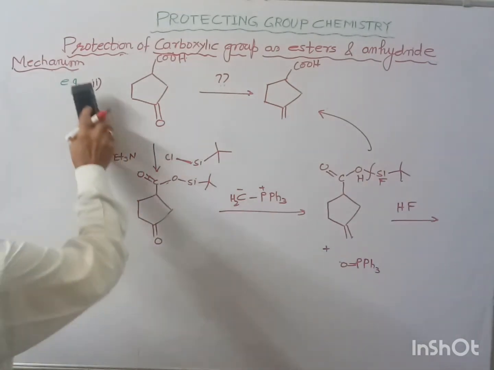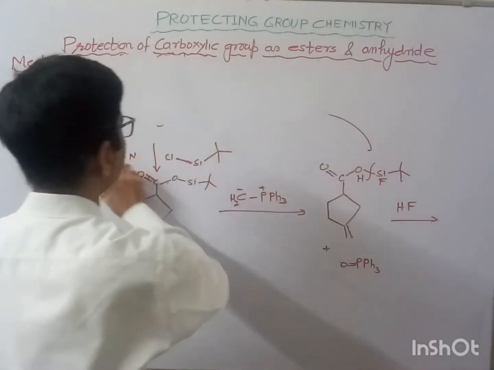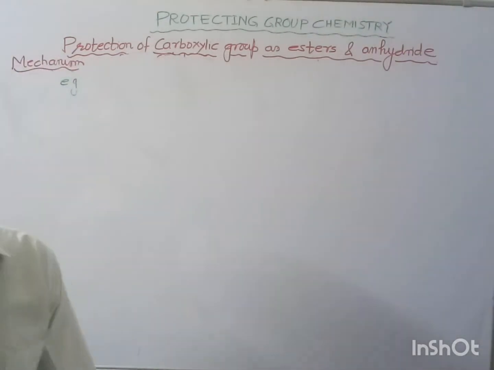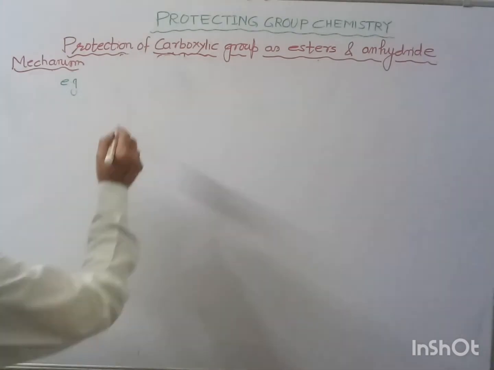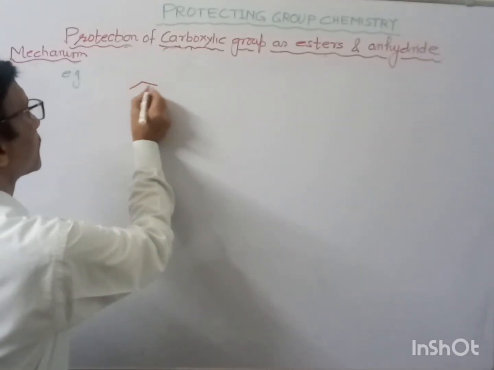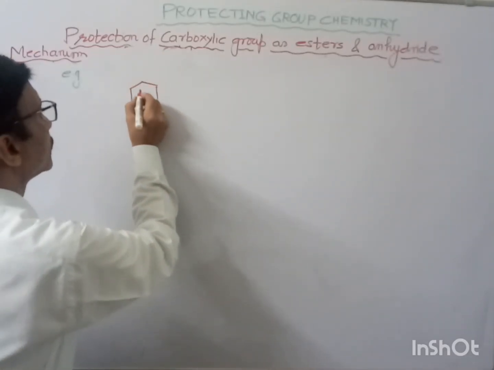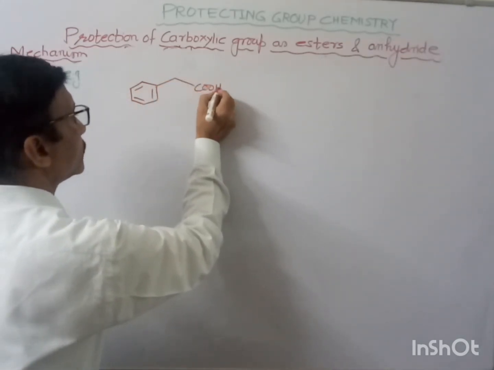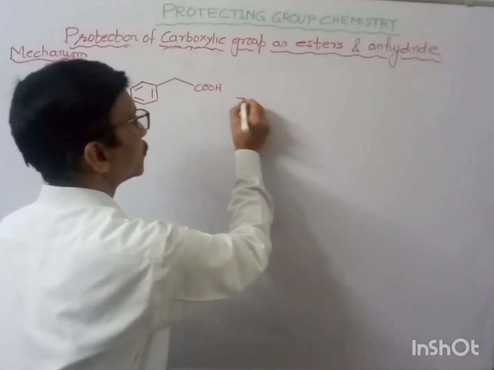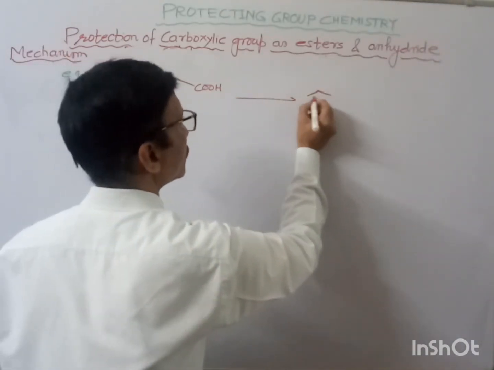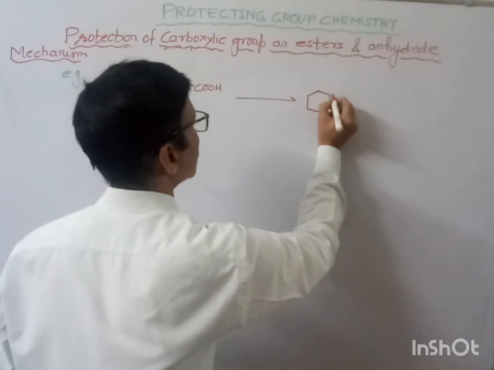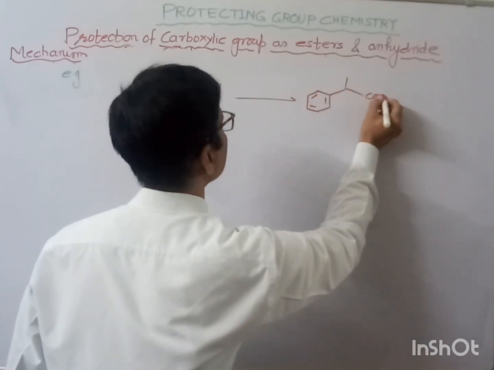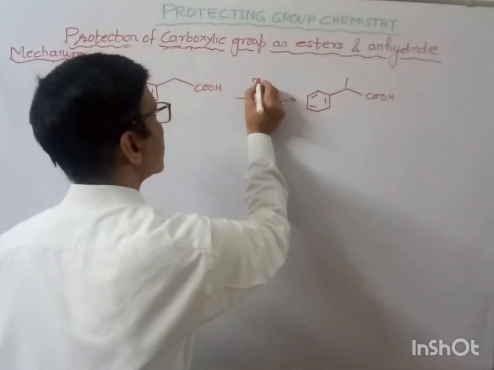Now let's see another example. Suppose we have this molecule, and we want to convert it into this. What is the difference here?